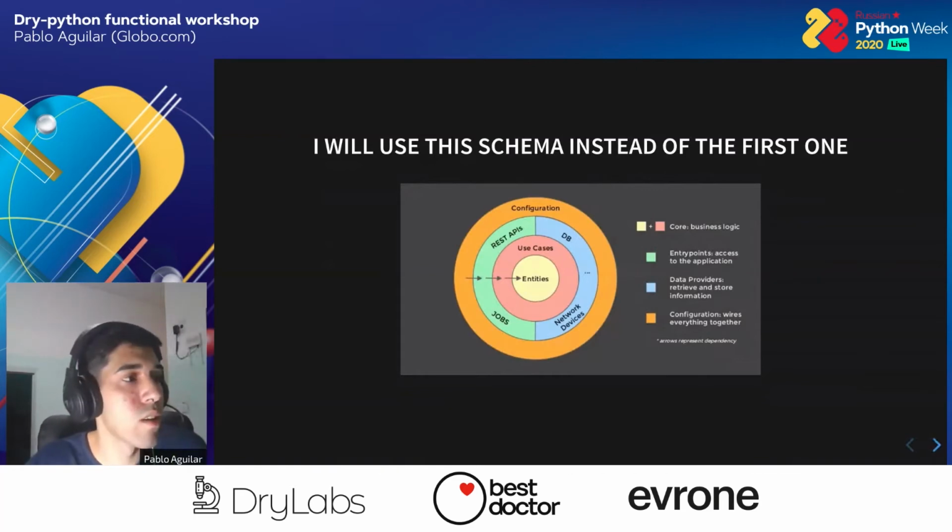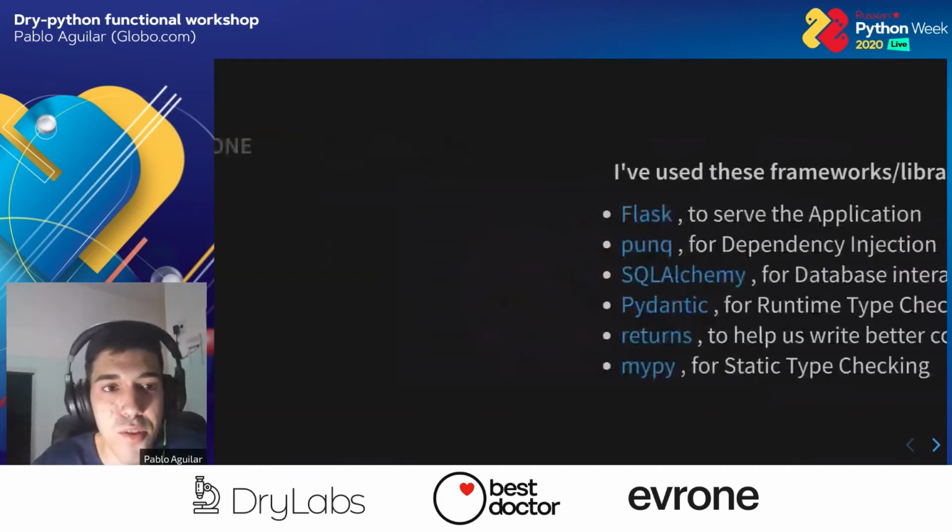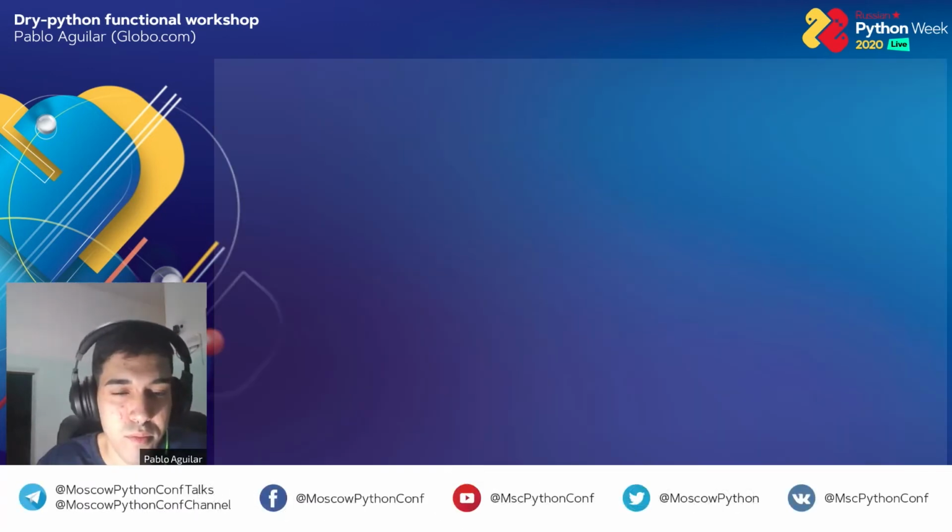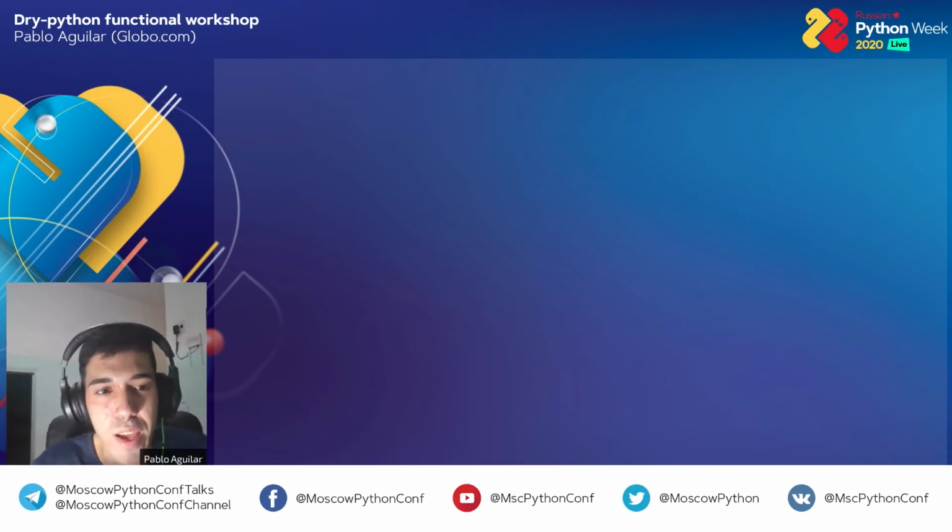So to make the project, I have used these frameworks and libraries. I think everyone knows about these libraries. I don't know about Pants or returns, but the rest is known.